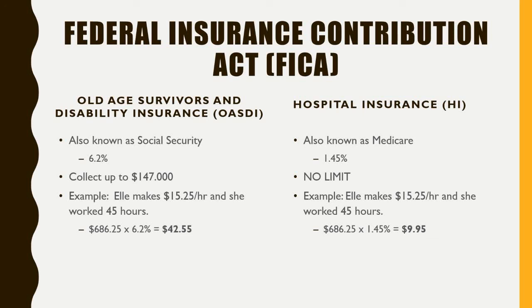Now, where did the 6.2% come from? Usually this comes from what the government says is appropriate for you to earn, especially since nowadays, I believe it's 67 that you can claim for anybody that's born afterwards. 67 is the new age where you can claim your Social Security.